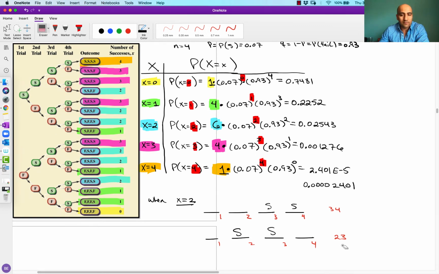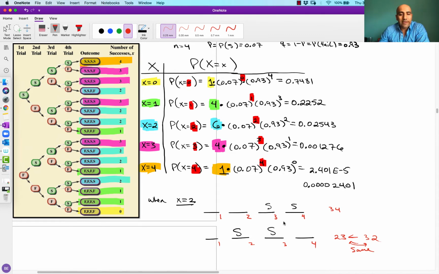So that's without repetition. And the order doesn't matter, because the case of 2, 3, we want this to count the same as the case of 3, 2. Either way, there's an S in the 3 spot, there's an S in the 2 spot. I want them both to count as the same. So order doesn't matter, repetition doesn't matter.